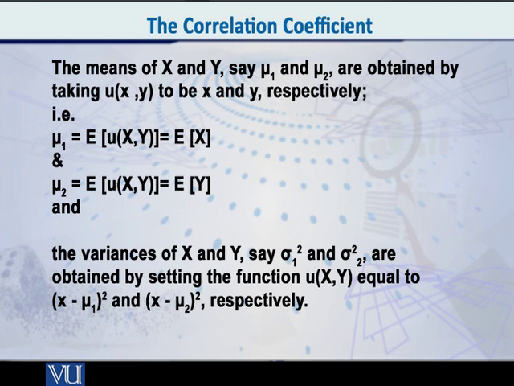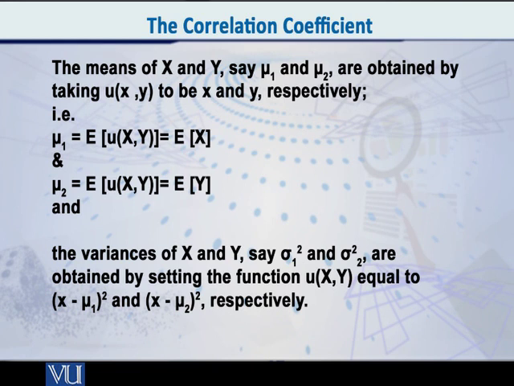Similarly, we can also, of course, find the variance of X and the variance of Y. If we denote variance of X by sigma 1 square and variance of Y by sigma 2 square, then what should we put U(X,Y) equal to, to get sigma 1 square? Obviously, we should say that U(X,Y) is equal to X minus mu1 whole square.